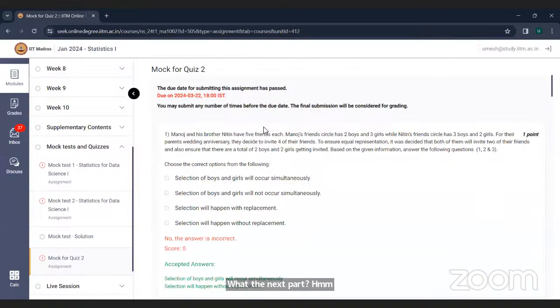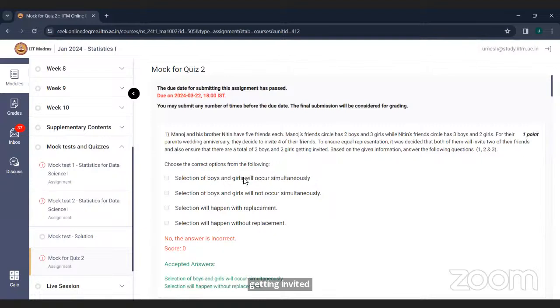For their parents' wedding anniversary, they decide to invite four of their friends to ensure equal representation. It was decided that both of them will invite two of their friends and also ensure that a total of two boys and two girls get invited. Based on this information, answer the following question.